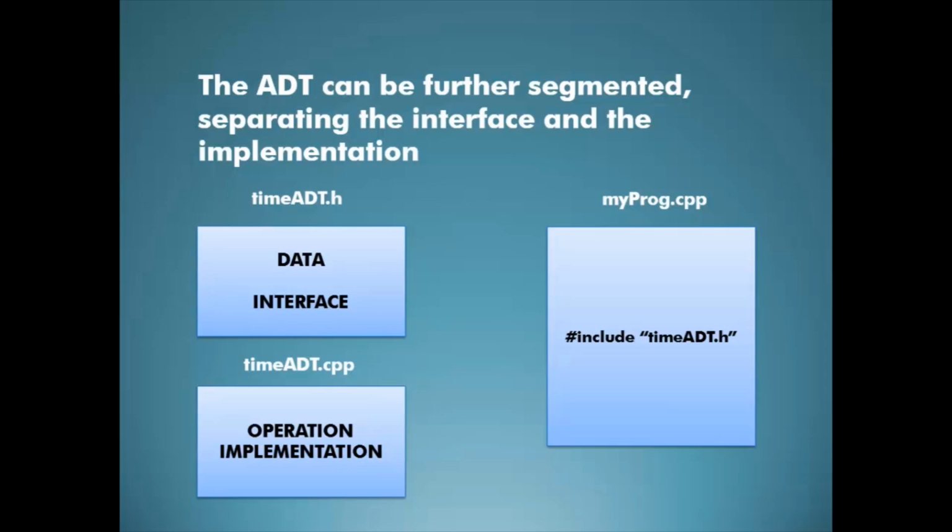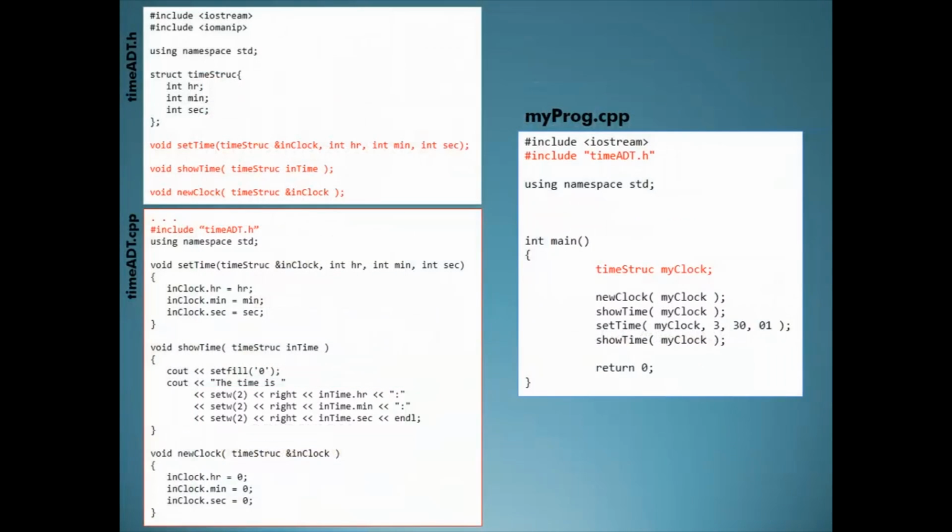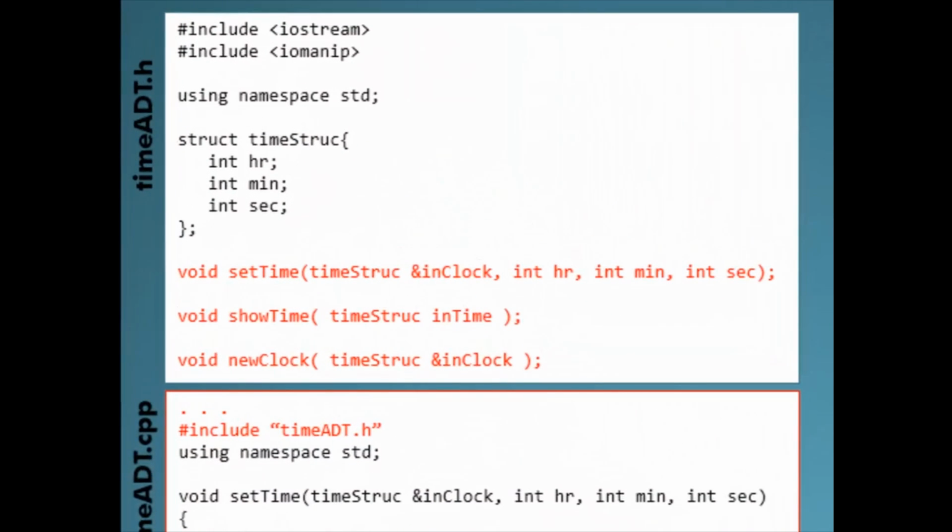So you're able to retain the secrecy of your code. You maintain control over that so users can't just copy it and sell it as their own. And then you still have the ability to utilize that. And that would look something like this. So you see that our time ADT file in the upper left-hand corner, I have declared the data structure itself, and then I provided the prototypes for each of the functions that operate upon that data type.